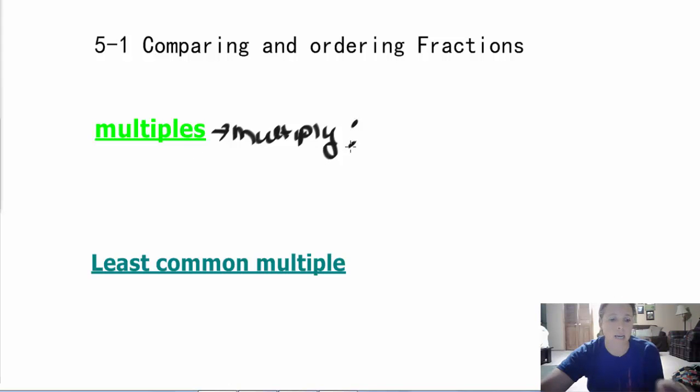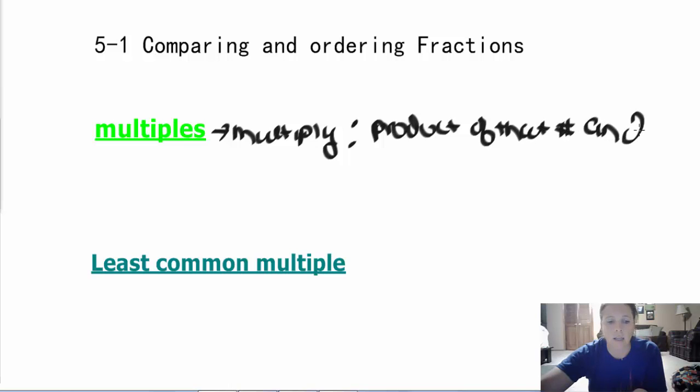It's in the name. When you think about it, it's the product of that number and any other non-zero number.